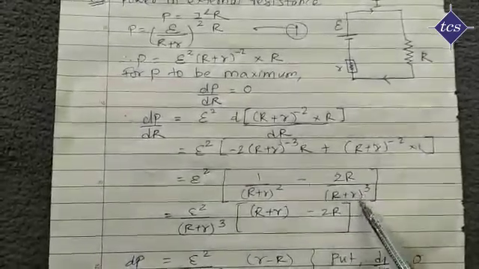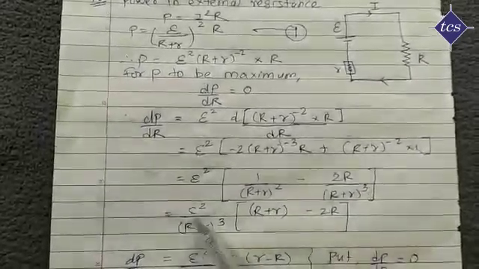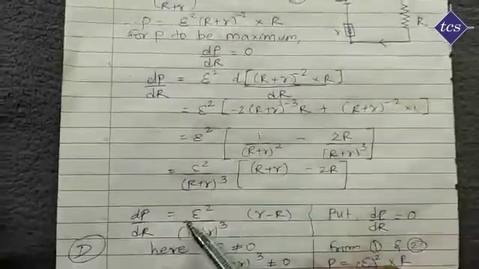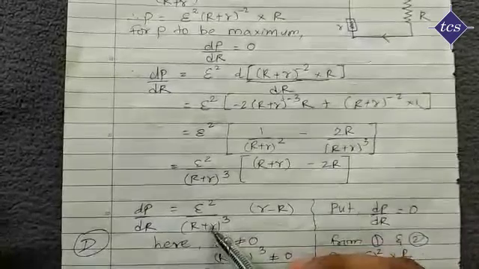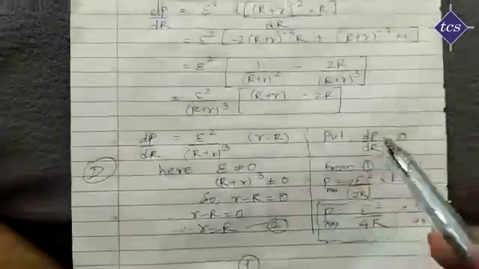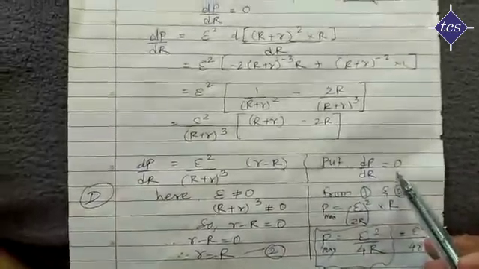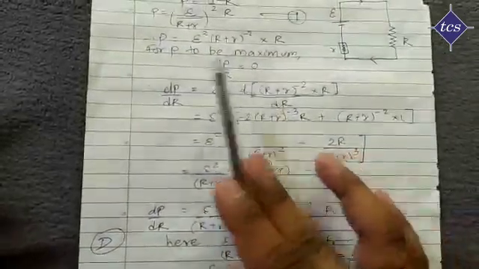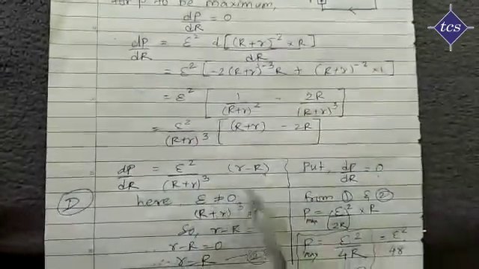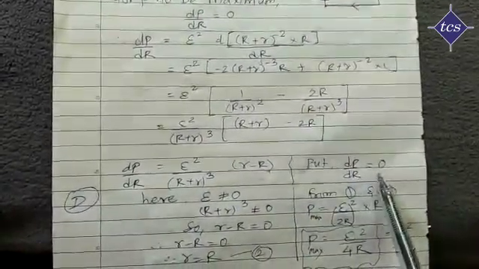Now taking R plus r raised to power cube as common, that will be R plus r minus 2R. So dP by dR equals E squared upon R plus r the whole cube into r minus R. Now we put dP by dR as 0 because we want maximum power. Maximum power will be possible when dP by dR equals 0.